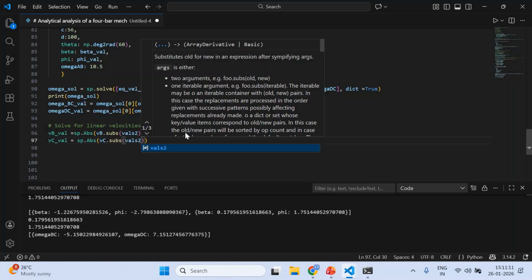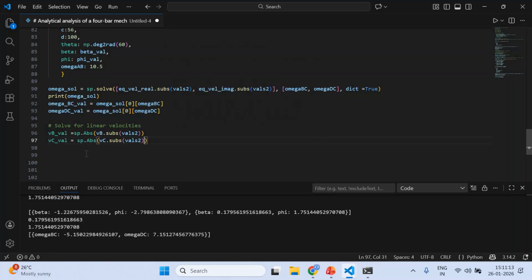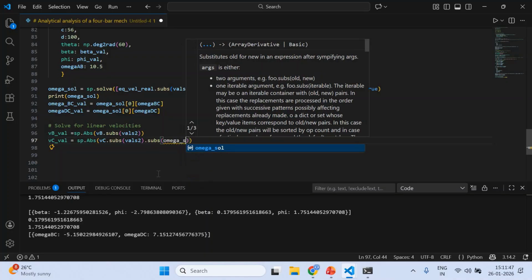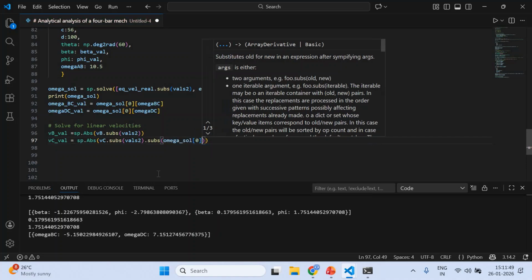Now if you note, in order to calculate the linear velocity of point C, you also need the angular velocity of link BC. So let us put it here, subs of omega. The omega solution you have already got here. So you simply put omega sol and 0.